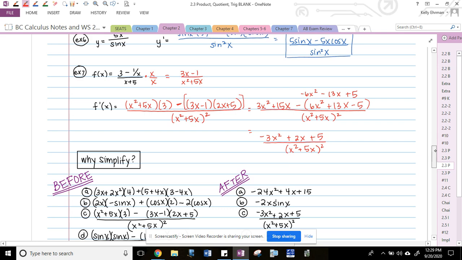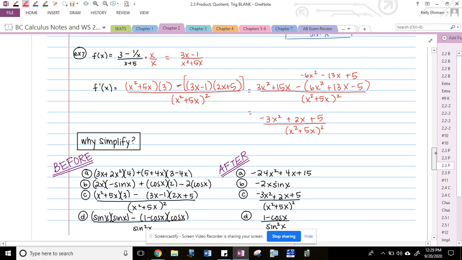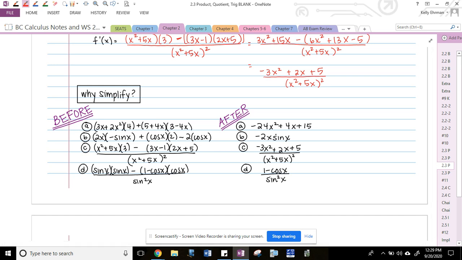So why do we have to simplify all these things? Why can't we just leave our answer in terms of the quotient rule here? One answer is it just looks nicer, right? The answer on the right side is much nicer to work with than the one on the left side. But also, most of our time this semester will be spent trying to set f prime of x equal to 0 and solve.